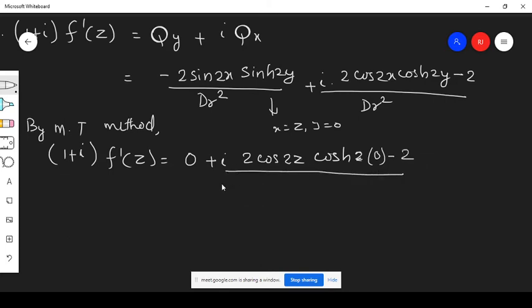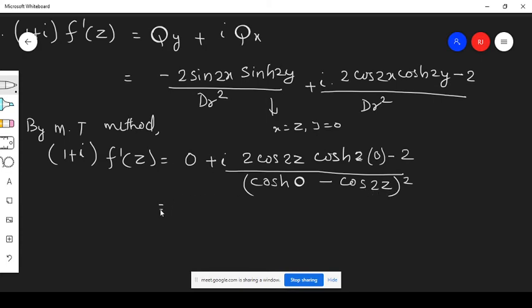What was our denominator? Denominator was cosh 2y minus cos 2x. Look in your notebook. So I put cosh 0 minus cos 2z, the whole square.